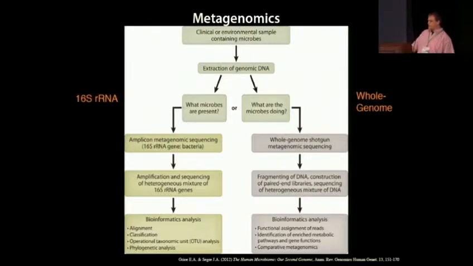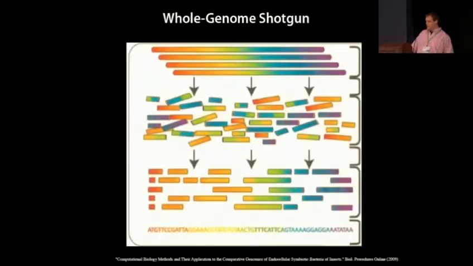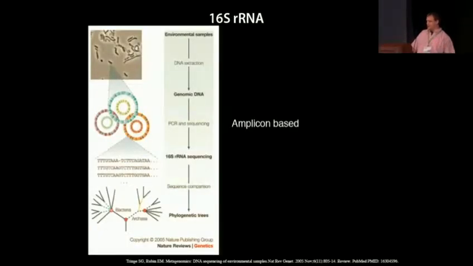What's important to note about the 16S RNA approach is that it is an amplicon-based approach. In this case, you are doing a targeted PCR in order to just get the 16S RNA gene. And then you can use these gene sequences to identify your organisms.